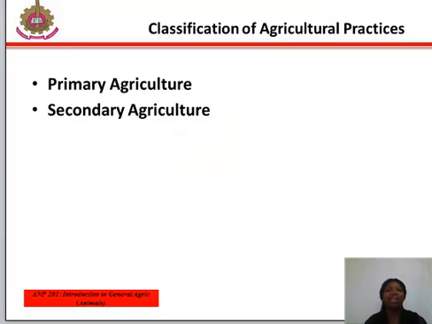The following are the classifications of agricultural practices. We have primary and secondary branches. Primary agriculture involves farming in all its branches, and it includes certain specific farming operations such as cultivation and tillage of soil, production, growing and harvesting of any agricultural or horticultural commodities, and the raising of livestock, bees, poultry, and fur-bearing animals.